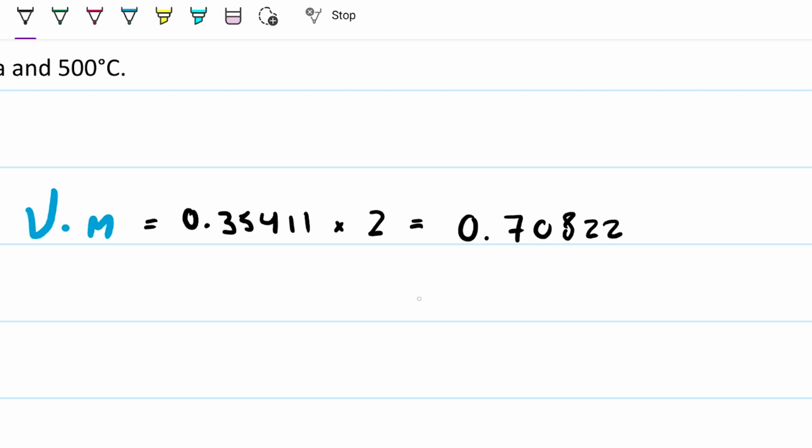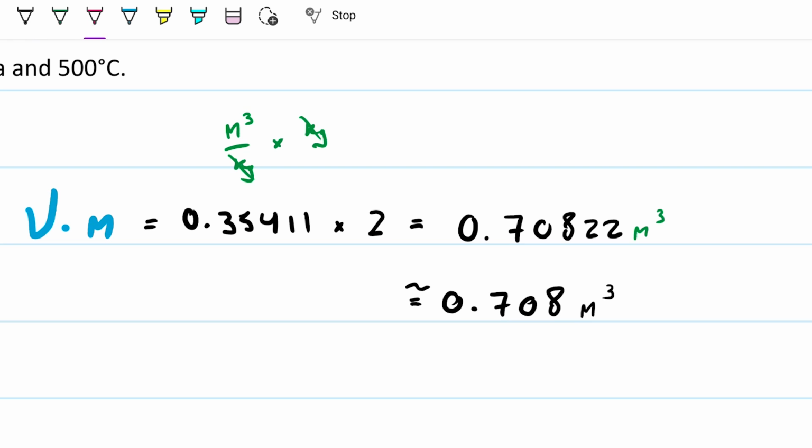We can approximate that to 0.708. And in terms of units, we can check, right? We're doing meters cubed per kilogram times 2 kilograms. So therefore, our units are meters cubed. This is the volume occupied by 2 kilograms of water in the superheated state.